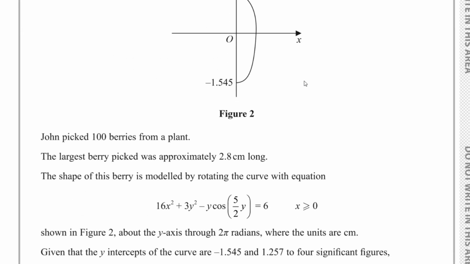Question number 7. John picked 100 berries from a plant. The largest berry picked was approximately 2.8 centimeters long. The shape of this berry is modelled by rotating the curve with the equation 16x squared plus 3y squared subtract y times the cosine of 5 over 2y equals 6, where x is greater or equal than 0, as we see in figure 2, about the y-axis through 2 pi radians, where the units are centimeters.